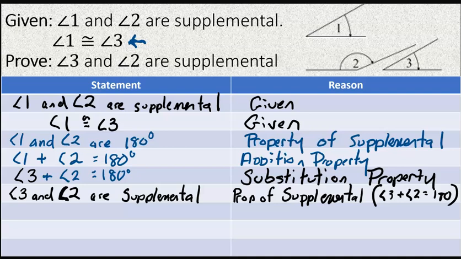So I can back up my conclusion with this statement here. I personally like to add this statement here, which is from the previous line, which backs up what I'm saying. There is no arguing in my conclusion that I have recognized a property of supplemental angles through the addition property with the way I wrote that reason.